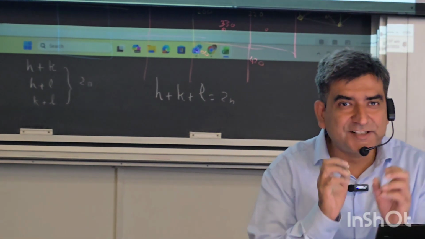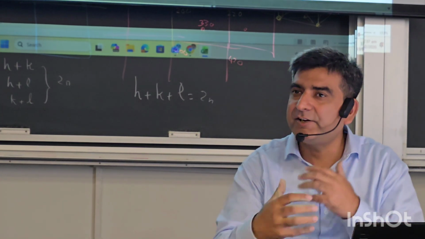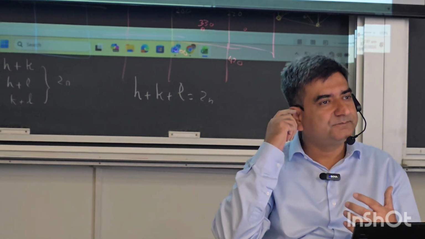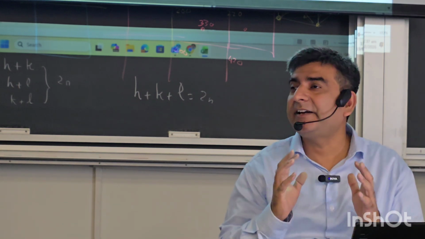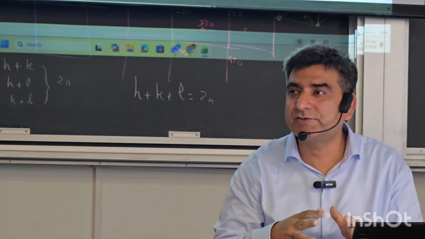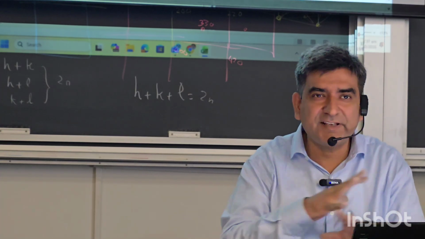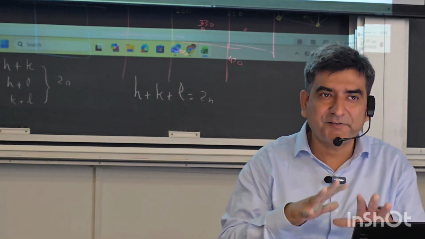I do not as yet know what's inside, which atoms are there, because for that I need to know the intensities of these peaks. And by the way, intensities are difficult because intensities are the modulus square of fields. Lots of information, phase information, is lost, and we're talking about X-rays here.